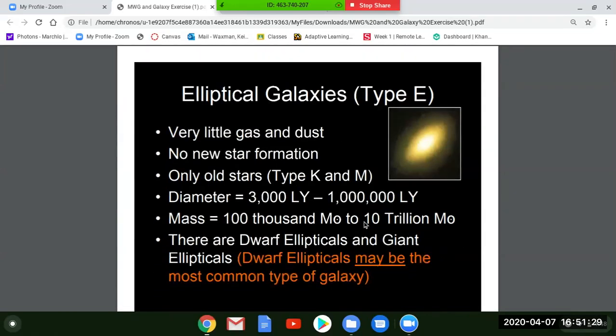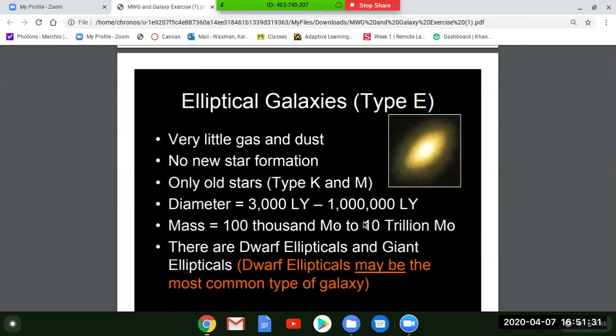What do you need to know? All right, first thing, elliptical galaxies. You don't have to know type E, just know elliptical galaxies. I'm going to tell you what you need to know for these. You're not going to have to identify them on a test, but you should know characteristics. So ellipticals have very little gas and dust. Because they have very little gas and dust, there's not much new star formation.